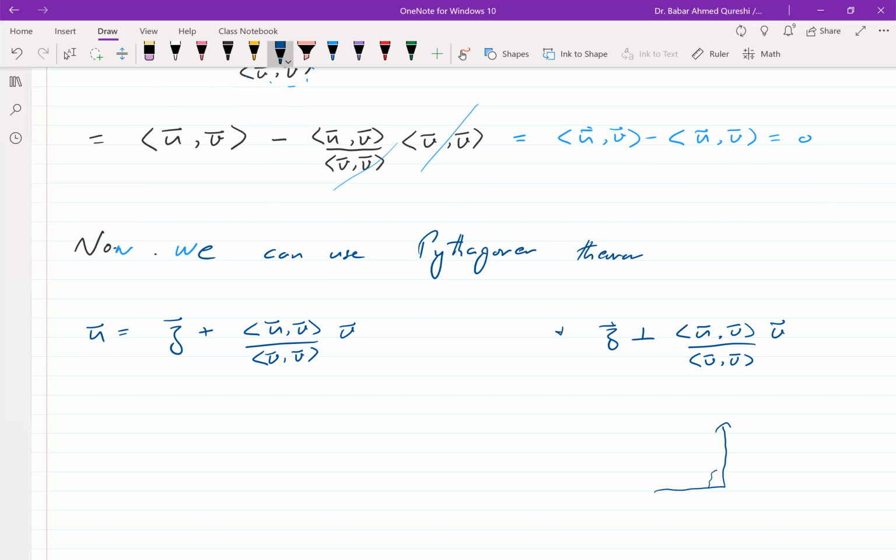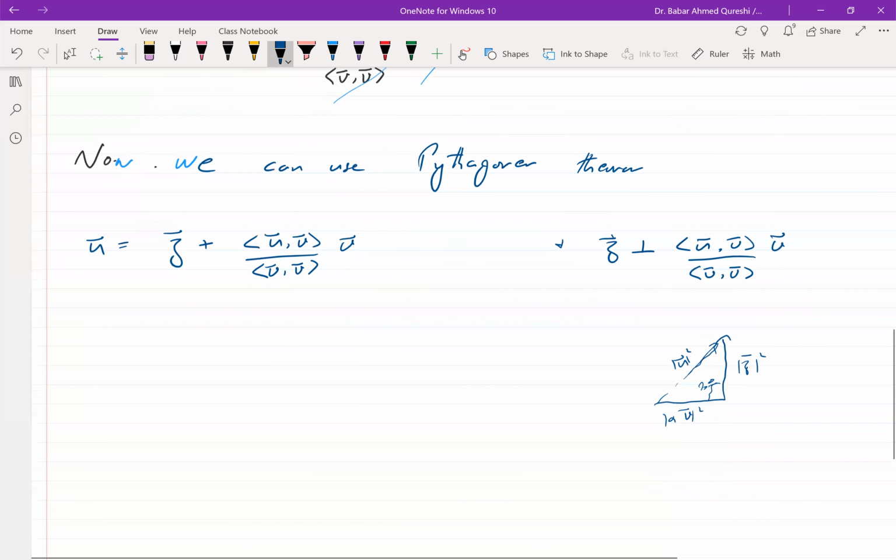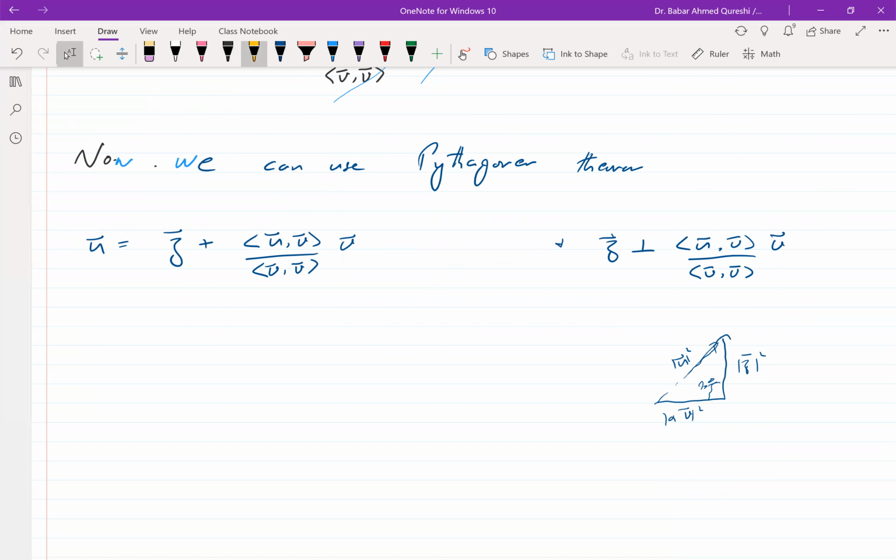If two vectors have an angle of 90 degrees between them, in other words the scalar product is 0, then Pythagoras' theorem holds, and the squared length of the sum is equal to the sum of squares of the individual vectors' lengths. That's just Pythagoras' theorem, and we proved it last time abstractly.